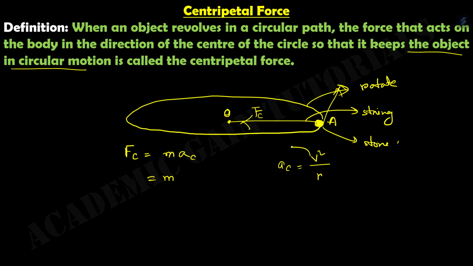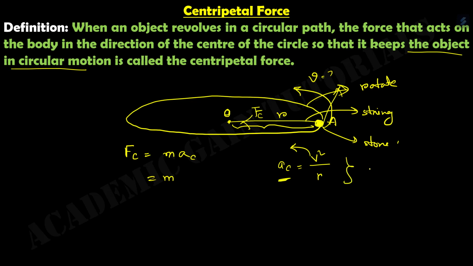Here v is the velocity at which the stone is moving, and r is the radius vector of this body. For centripetal acceleration we use this formula.